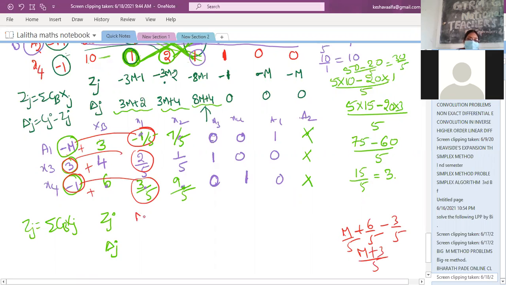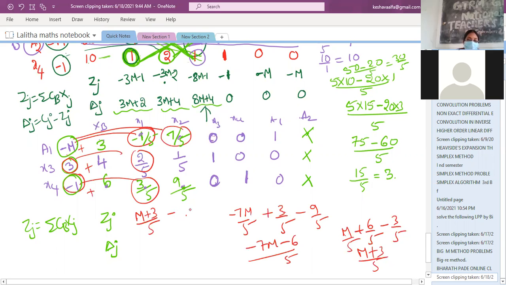Similarly, the next Zj value in the X2 column: minus M into 7 by 5, that is minus 7M by 5, 3 into 1 by 5 plus 3 by 5 minus 9 by 5. Minus 7M, 3 minus 9, that is minus 6 by 5. So we get minus 7M minus 6 by 5. Like this, calculate the remaining values.